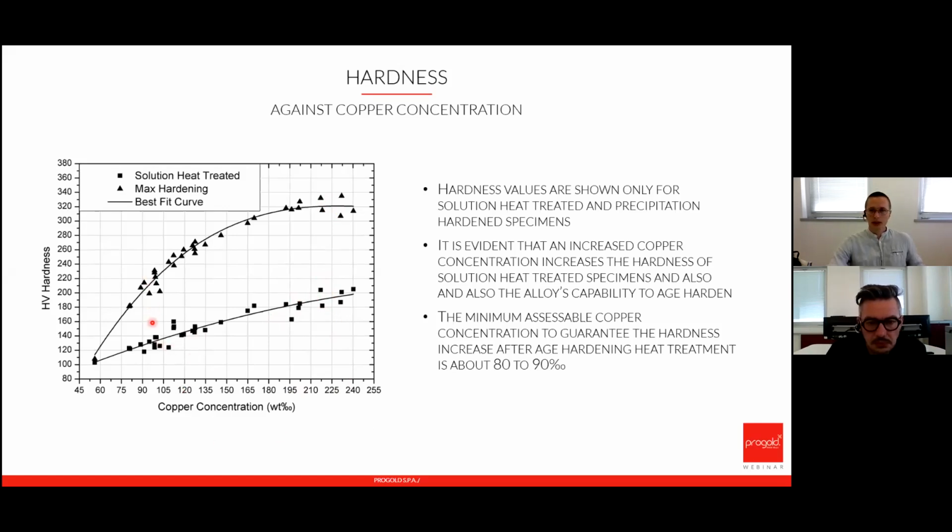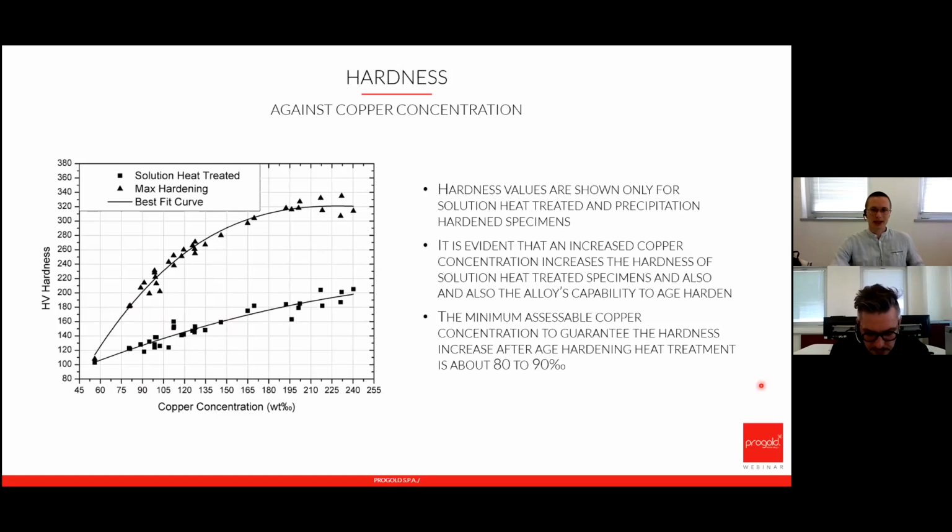If we look here, for example, pale yellow, light yellow gold, for example, 2N standard color or 3N color, are only partially hardenable. And in order to get enough hardening effect given from the copper concentration, we need to put in the alloy at least 8 or 9% of copper concentration.